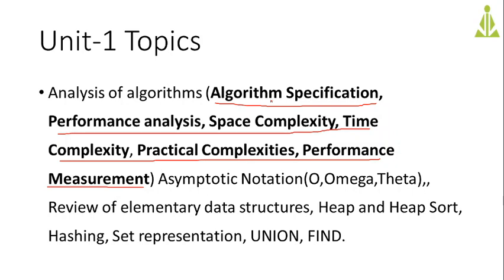At least one output is compulsory. Third one is finite number of steps, means finiteness. Whatever problem you are solving with the help of an algorithm should have a finite number of steps.